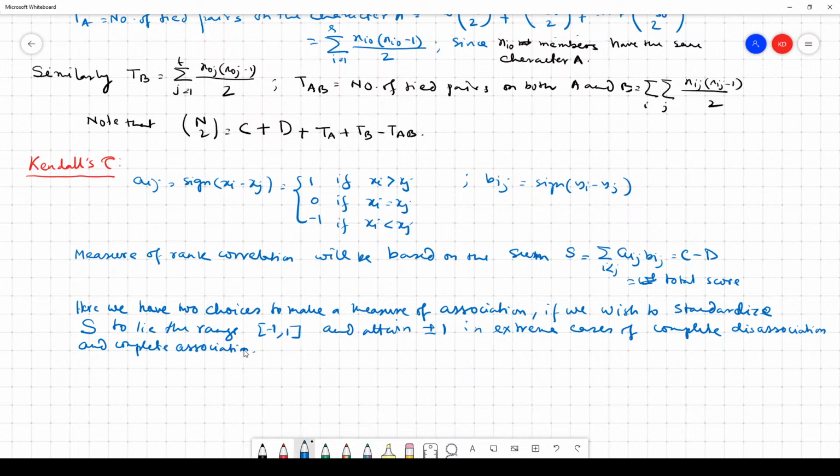Then Kendall tau, first I consider if there is no tie case, then S should lie between minus N choose 2 and plus N choose 2.